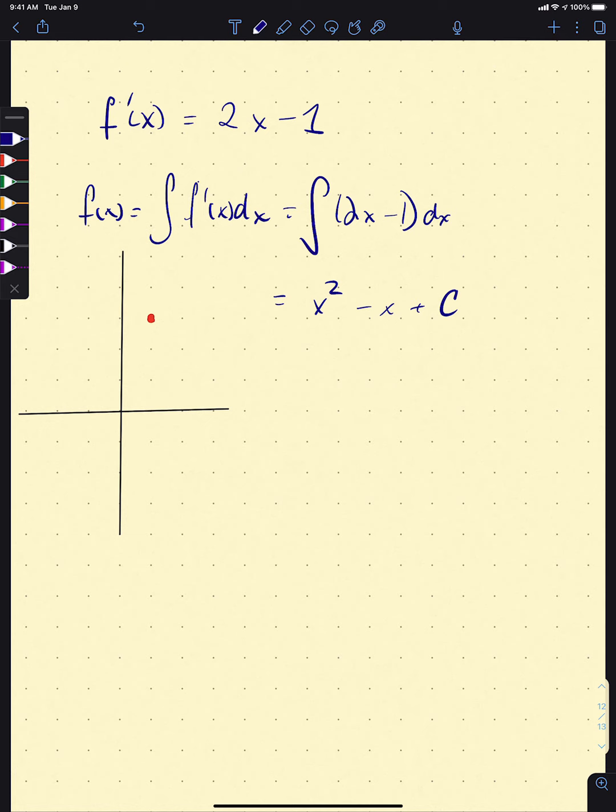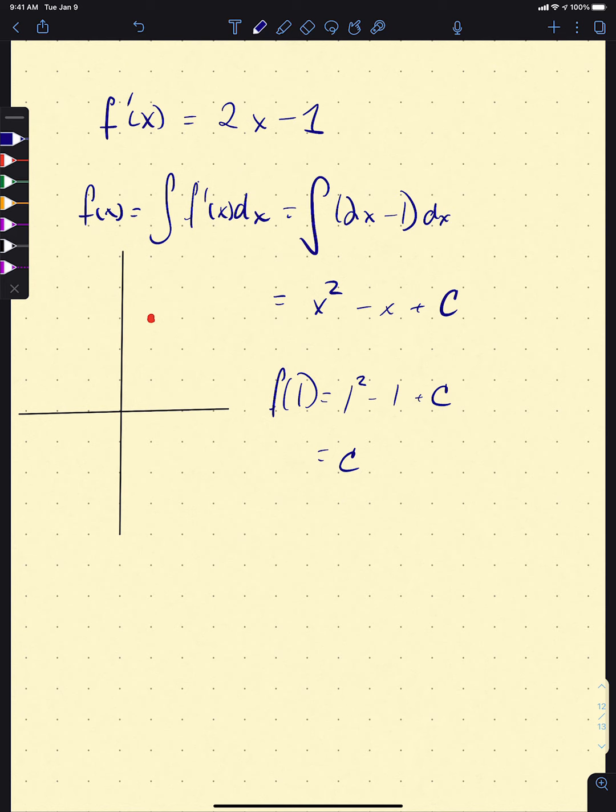But since we know that, we can actually solve for our particular solution that corresponds to this point. Since we know f of 1 is 1 squared minus 1 plus c, which is equal to c.